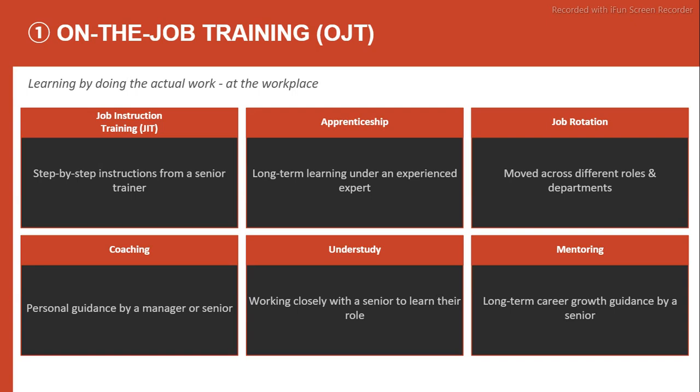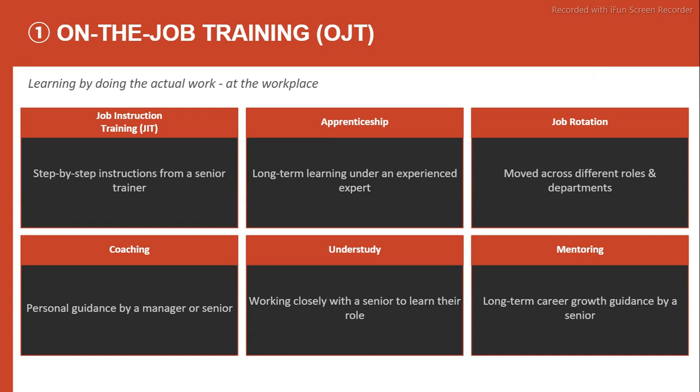Apprenticeship is a long-term training where learning happens under an expert. For example, electricians or technicians learn from experienced workers over time. It basically focuses on learning by doing and gaining experience. Next, job rotation.